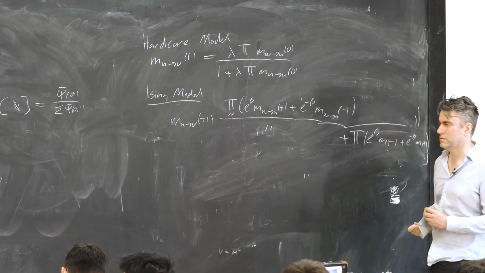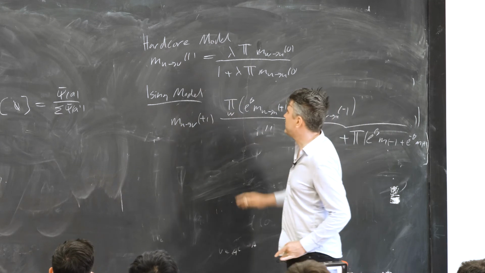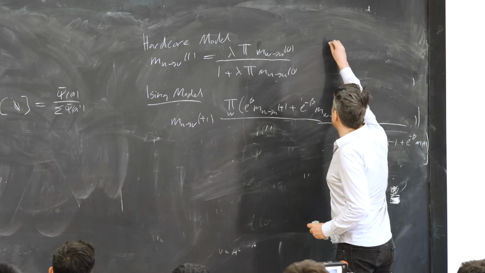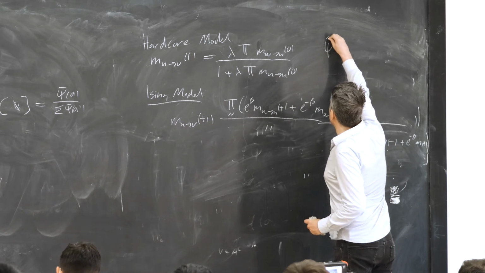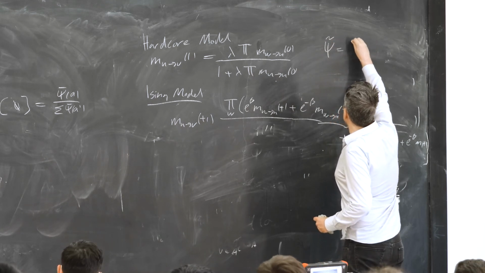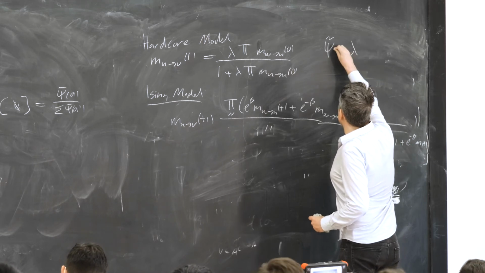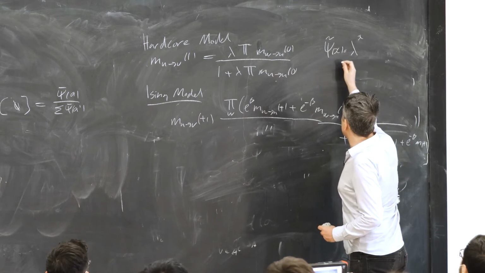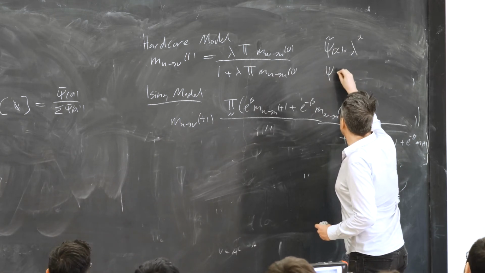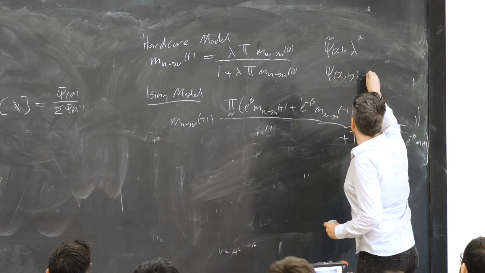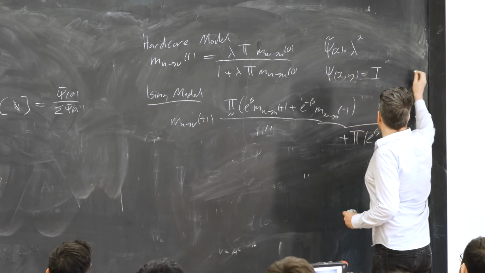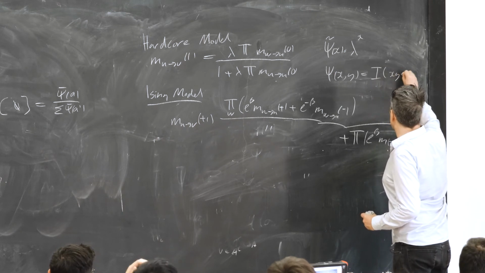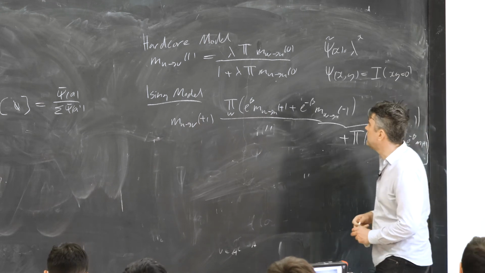Yes? Sorry, where does the 1 come from? The 1, okay. So for the hardcore model, our functions were psi tilde of x equal to lambda to the x, and psi of xy equals the indicator that xy equals 0.